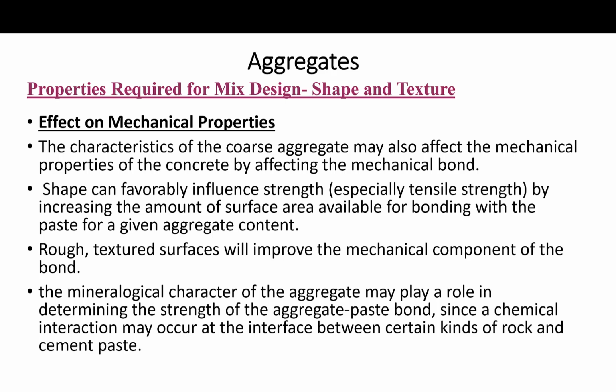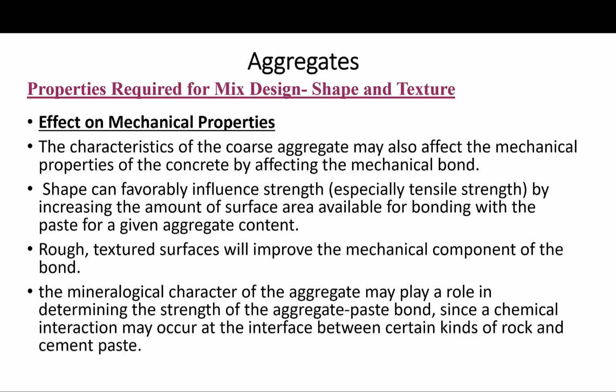Okay, so as far as the effect on the mechanical properties, the shape and texture characteristics of the aggregates may affect the mechanical properties of the concrete, basically by affecting the mechanical bond.